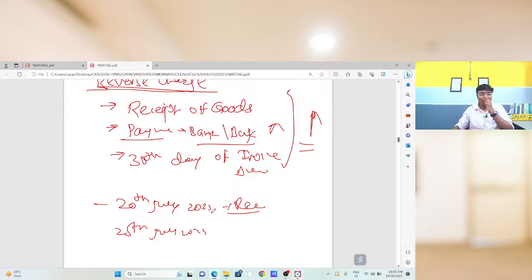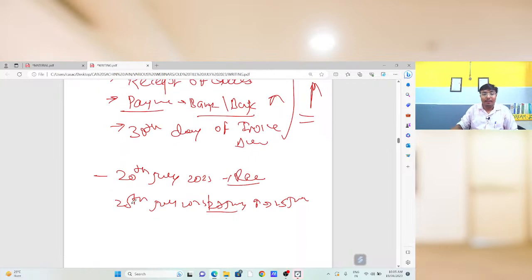I had made the payment on 25th of July, and the same I had entered in my books of accounts on 27th of July. So of the two, whichever is earlier, that means 25th of July. And suppose the date of issue of invoice was 18th July. So the 30th day from that day will be 28th August 2023.